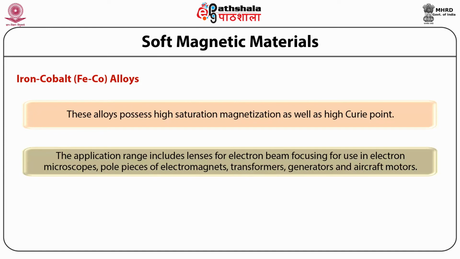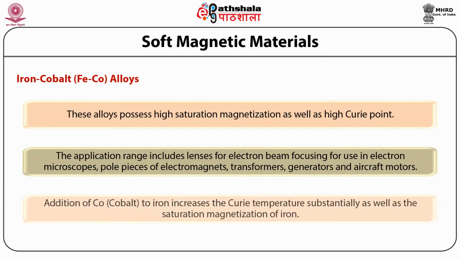The application range includes the lenses for electron beam focusing, for use in electron microscopes, pole pieces of electromagnets, transformers, generators, and aircraft motors. Addition of cobalt to iron increases the Curie temperature substantially as well as the saturation magnetization of iron.